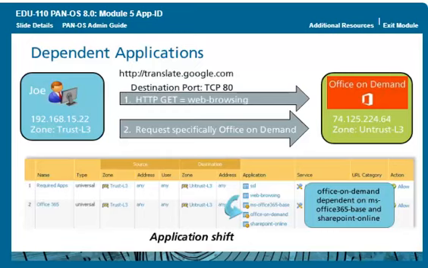The second rule matches, so Office on demand is allowed to run. However, the Office on demand application depends on the MS Office 365 base and SharePoint Online applications, so they are included in the rule. Does the order of the two rules matter in this example? In this example, the order is not relevant. Traffic that matches one rule cannot match the other rule, so neither rule prevents the other from being evaluated.